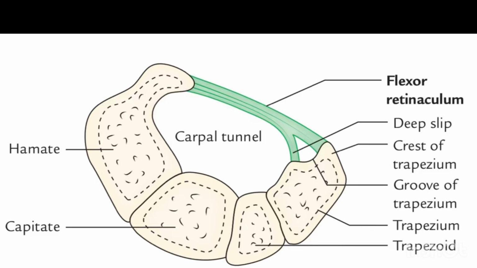Now, what are the boundaries of the carpal tunnel? I've told you before, it was a deep palmar or carpal arc. Then due to the flexor retinaculum bridging the roof of the carpal arc, it converts it to a carpal tunnel. So what are the boundaries now? We have the roof. Imagine yourself being inside the carpal tunnel, just like the one you are seeing on your screen.